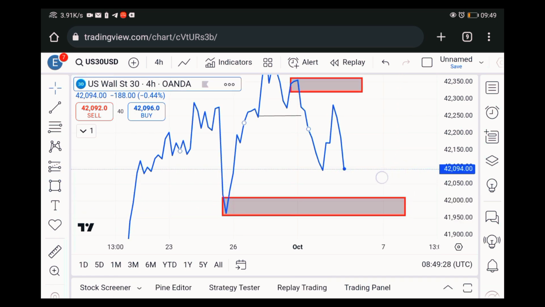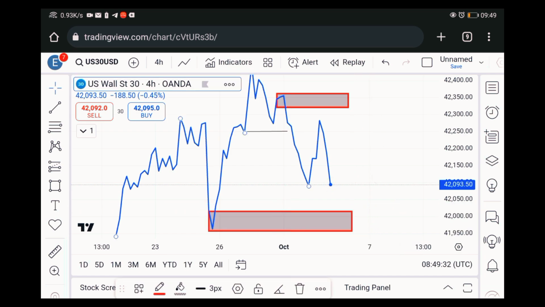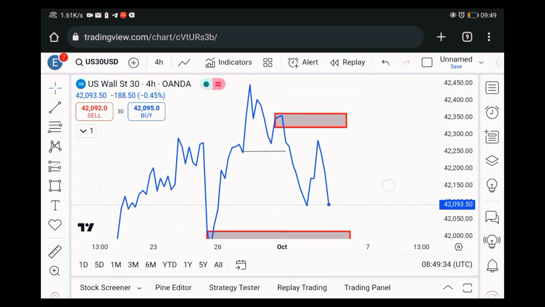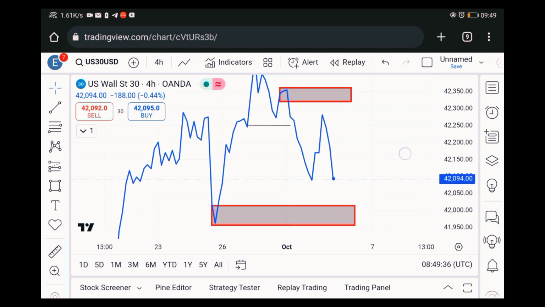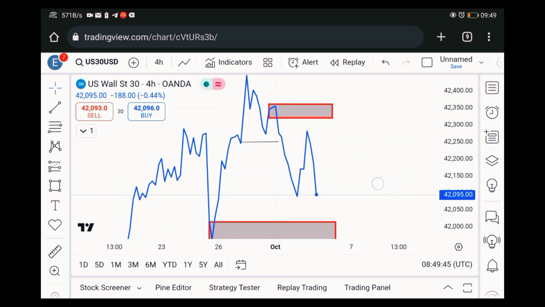But I was waiting to take this trade during my London or my New York session. So this was what happened. After which I marked everything on my H4.